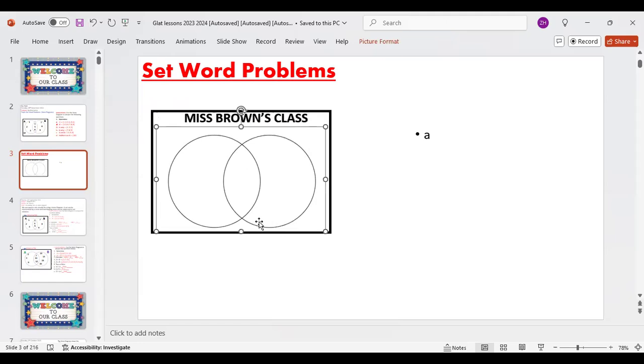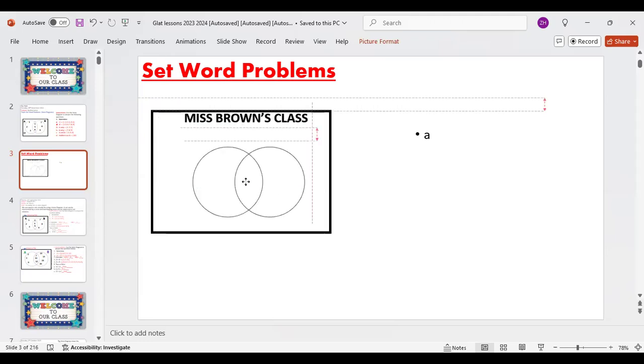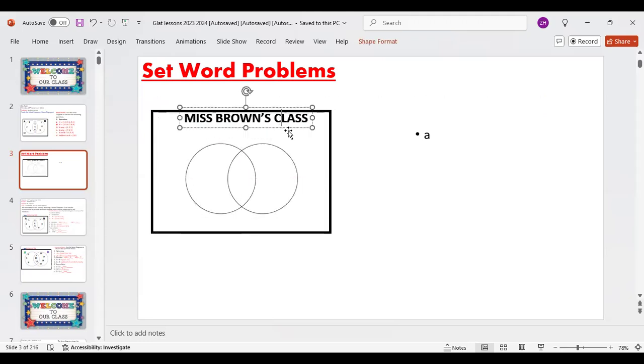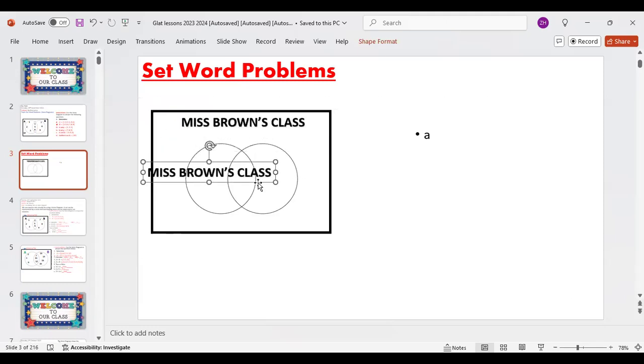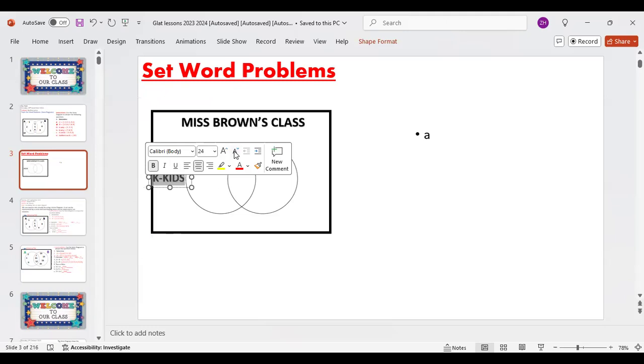Let me put this like this. And then let's say that this one says K Kids on this side.